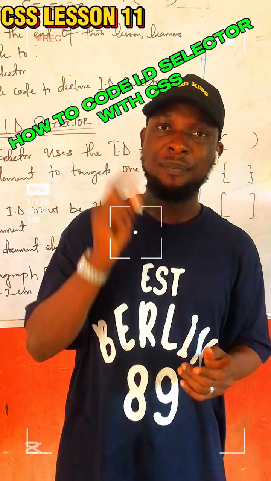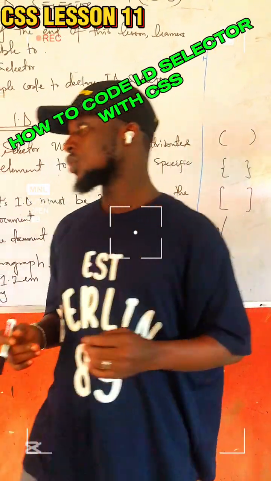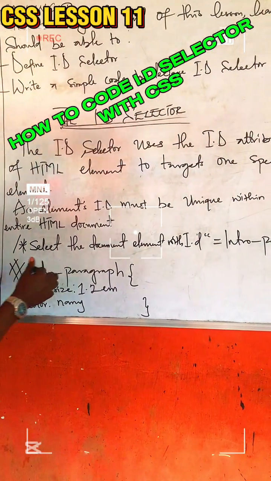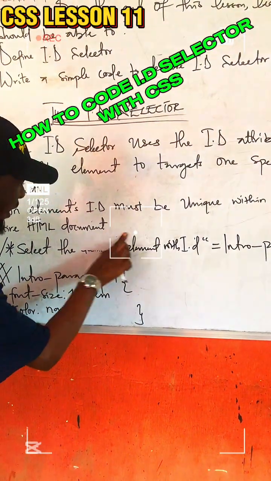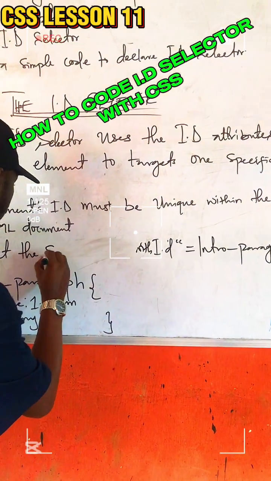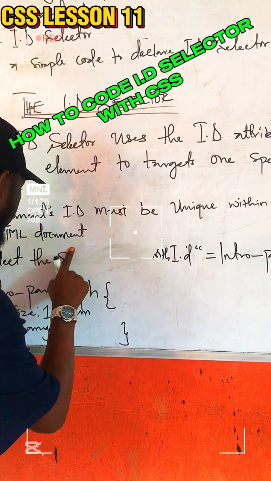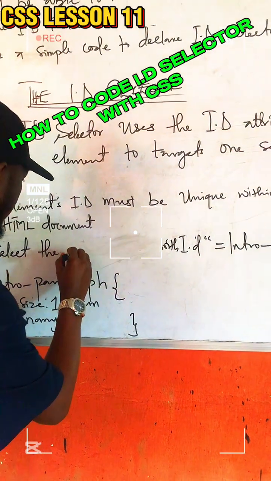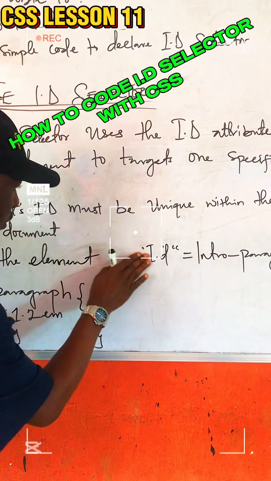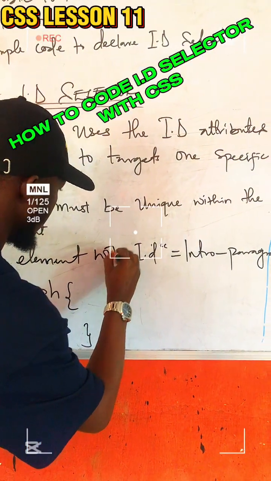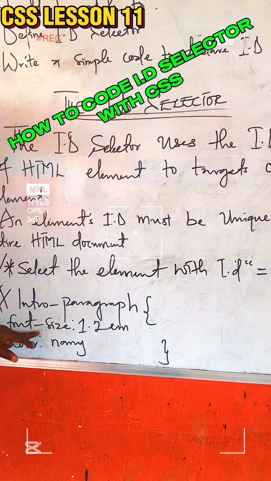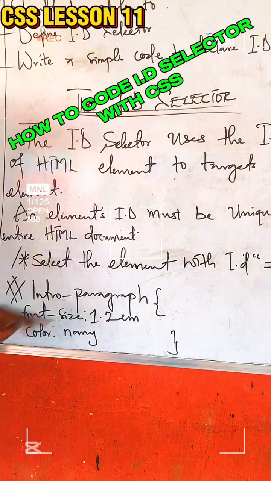If you apply space, your code will not run. So you don't use space, either you use hyphen or you use underscore.